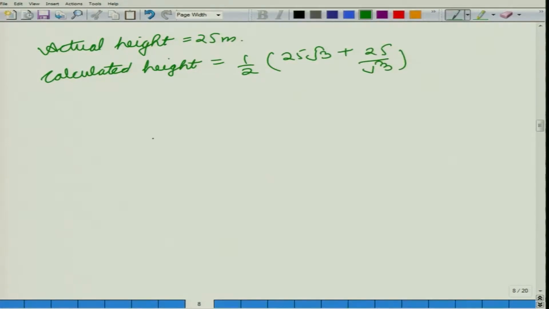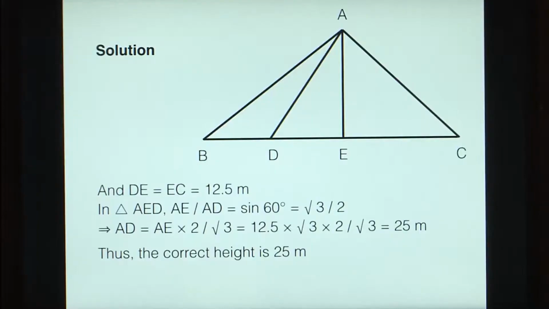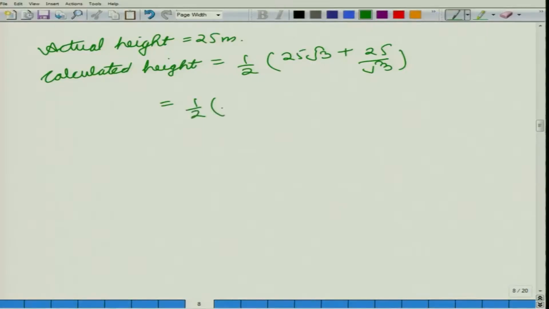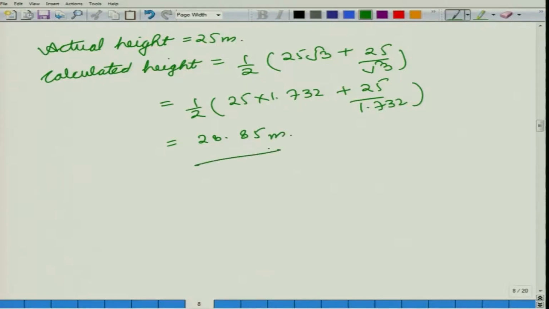Now, root 3 is equal to 1.732. So, from here we would get this value to be equal to half of 25 into 1.732 plus 25 upon 1.732, and this we get to be 28.85 meters. So, this is the actual height, this is the height that was calculated.